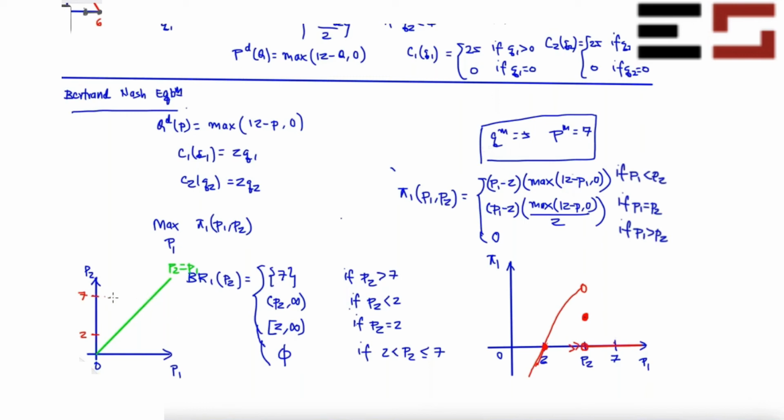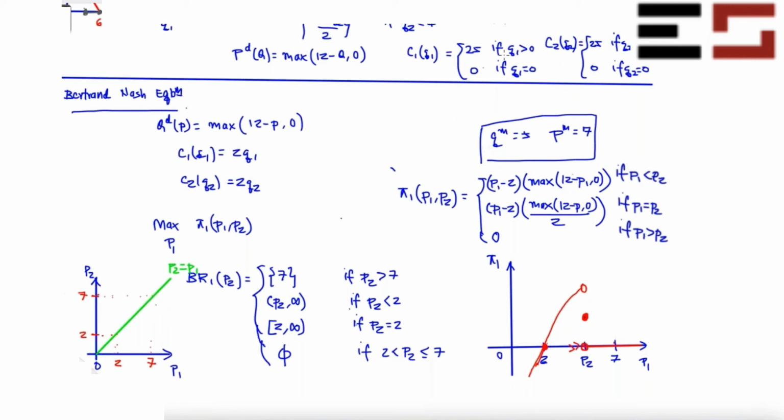So what is 7? Well, let's just come to the 45-degree line. This is 7, and this is 2.